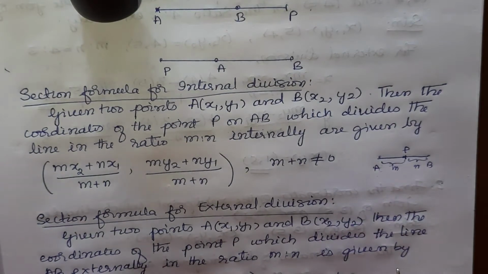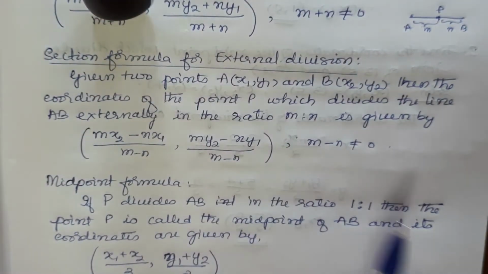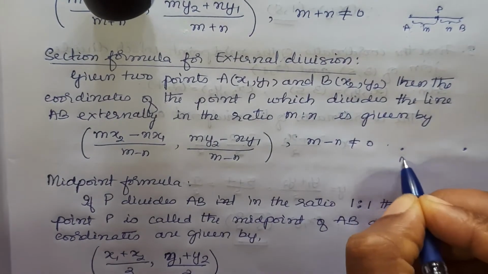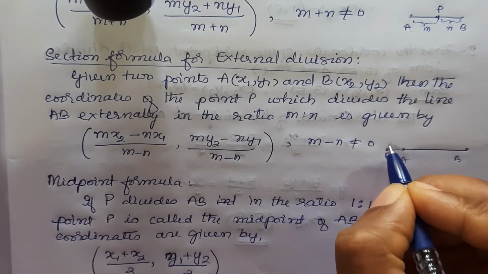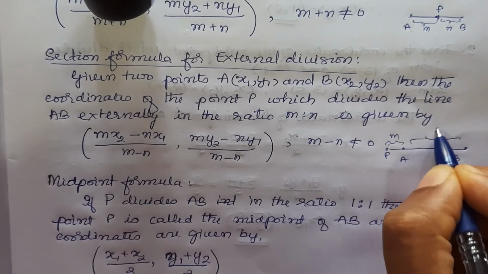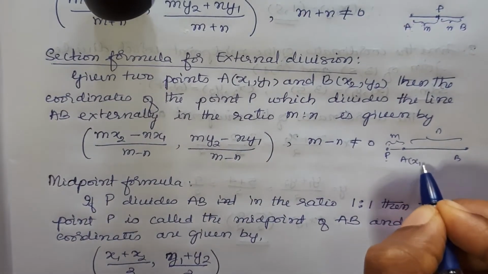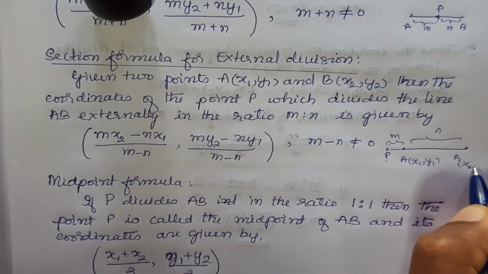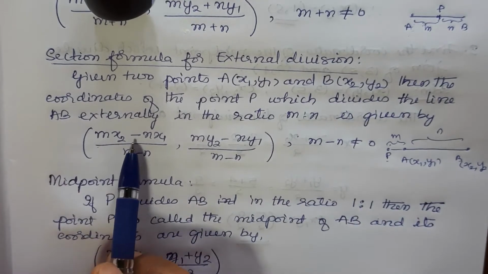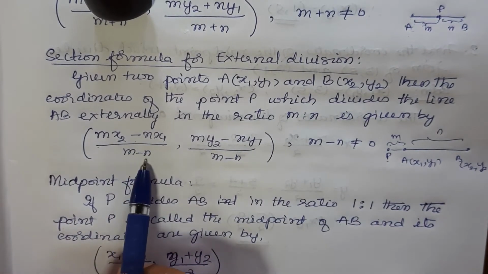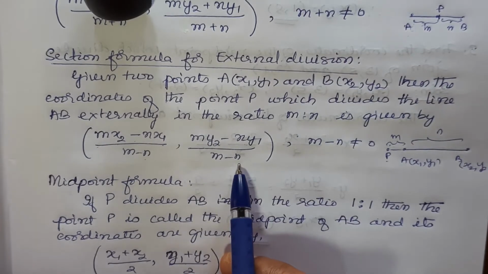Similarly, I have the formula for external division. For external division, if A and B are 2 points such that P is a point which divides AB externally in the ratio say m is to n, and the coordinates of A are x1, y1 and B are x2, y2, then the coordinates of P are given by (mx2 minus nx1) divided by (m minus n) and (my2 minus ny1) divided by (m minus n).